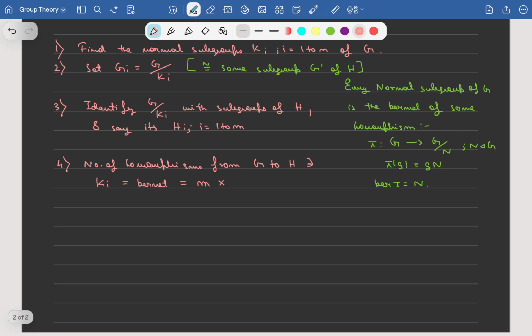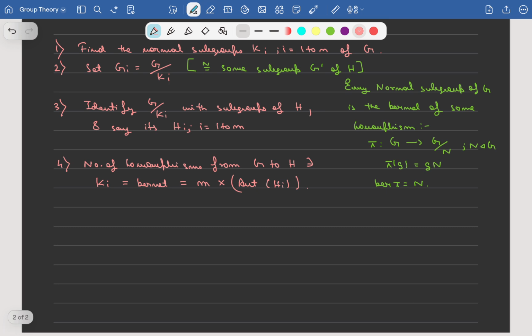Because if you're taking G mod Ki isomorphically to Hi, then that should be multiplied by all the automorphisms, all the permutations of the elements within Hi. So that should be the case. I hope it's clear.